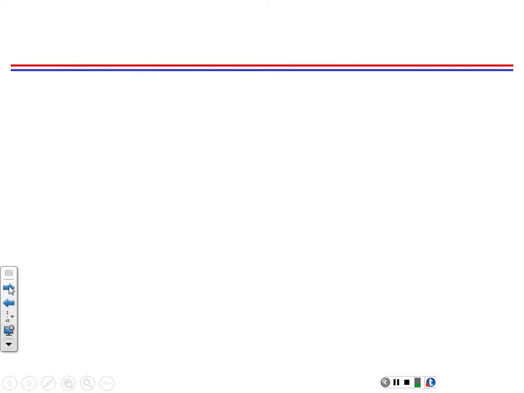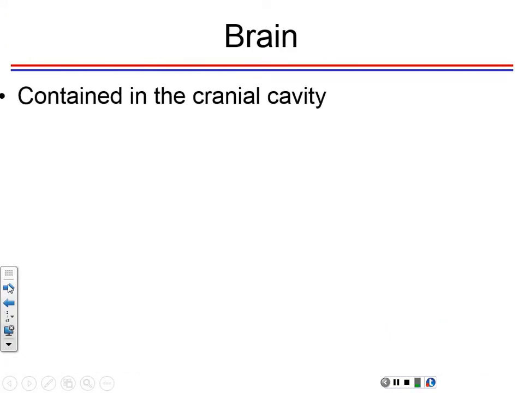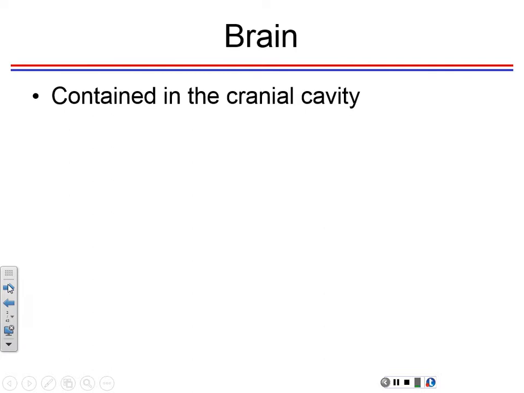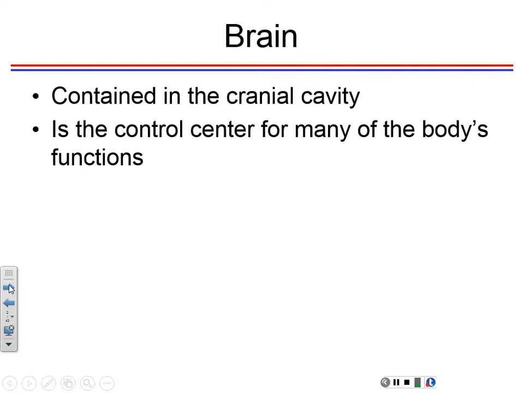So here's the brain. It's in the cranial cavity, right? In the skull, it controls a lot of body functions. All the homeostasis that occurs in the body in terms of maintaining everything in a stable internal environment is controlled by the brain.